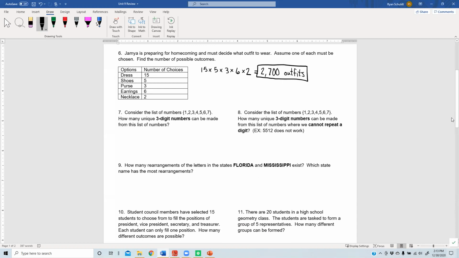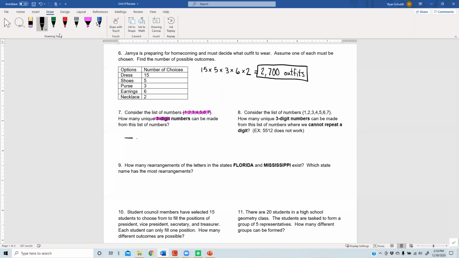Okay, number 7. Consider the list of numbers 1, 2, 3, 4, 5, 6, and 7. So this is the list we're dealing with. How many unique 3-digit numbers can be made from this list? We're doing 3 digits.